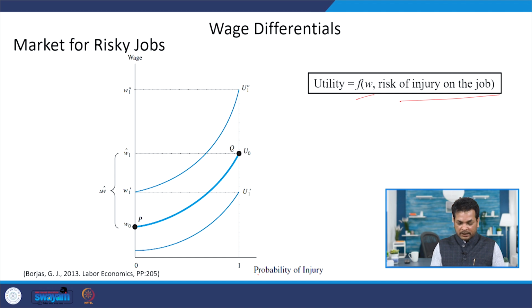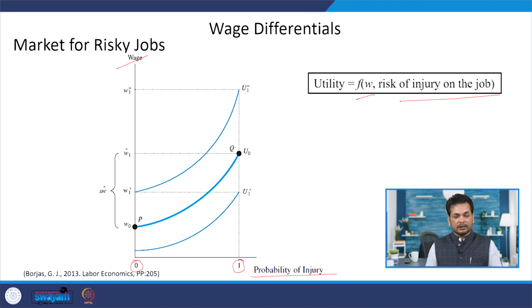On the x axis we have taken the probability of injury, on the y axis we have taken the wage rate.